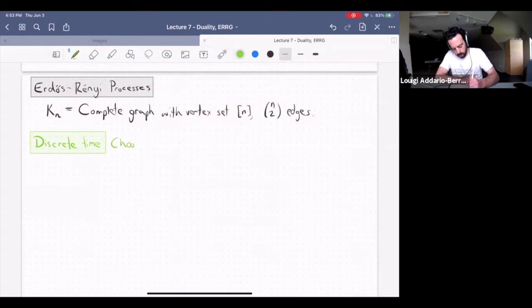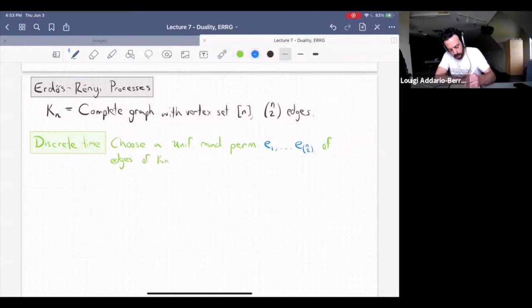So choose a uniformly random permutation E1 up to E_(n choose 2) of the edges of Kn.